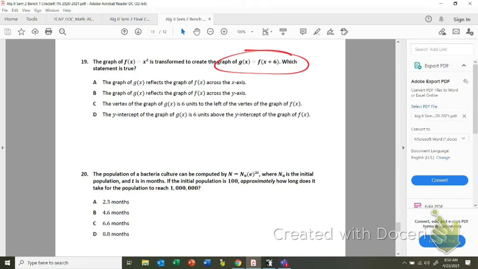Nope, so it's not A and it's not B. C says vertex of the graph is 6 units to the left, and D says the y-intercept is 6 units above. So does that mean to go left or right or up or down? It's on the inside, so it means left or right. If it says x plus 6, we go left.